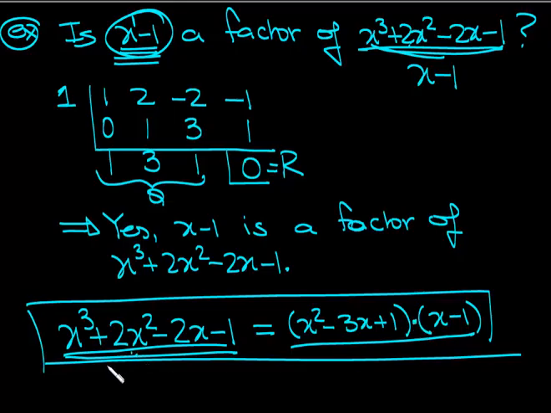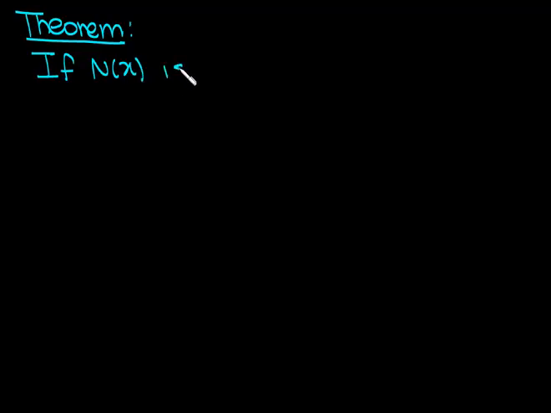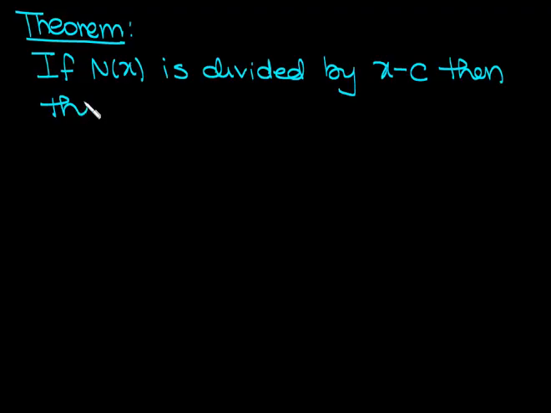Okay. Alright, there's one other theorem that's associated with this section, so let's talk about that, which states that if n of x is divided by a linear polynomial like this, x minus c, then the remainder is n of c.